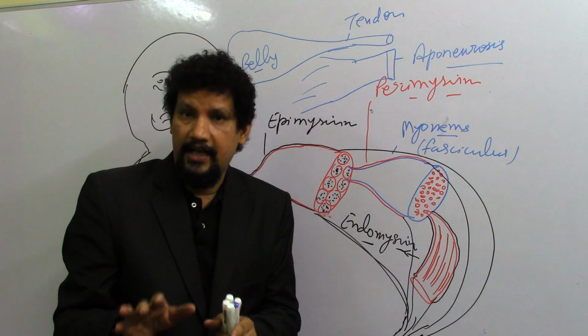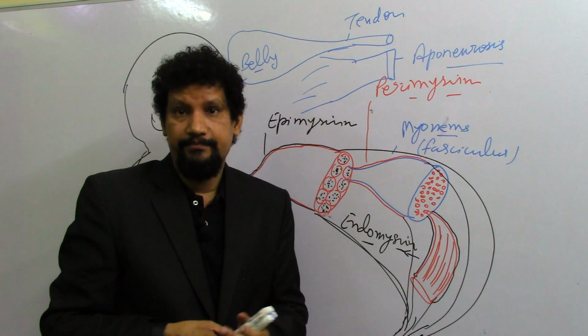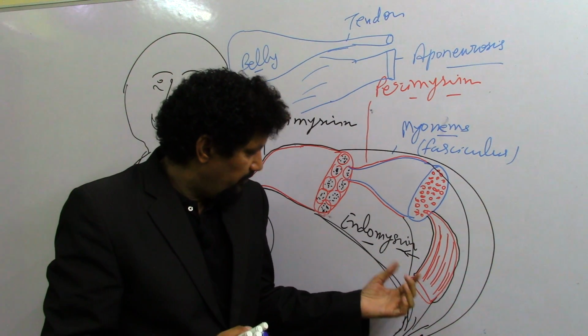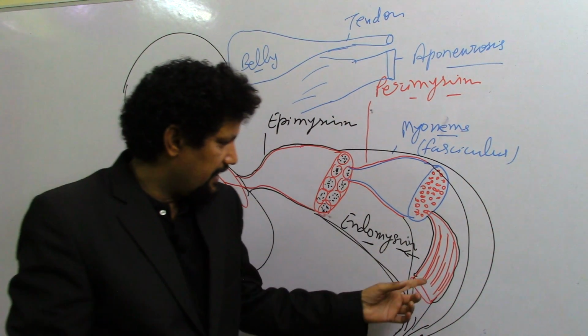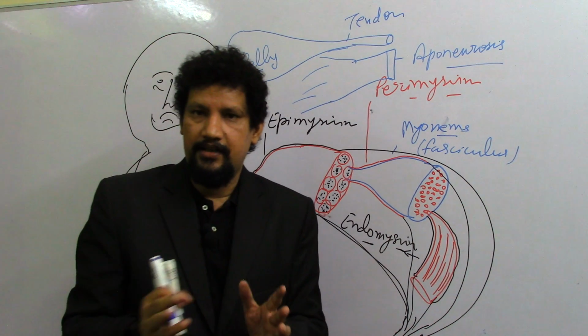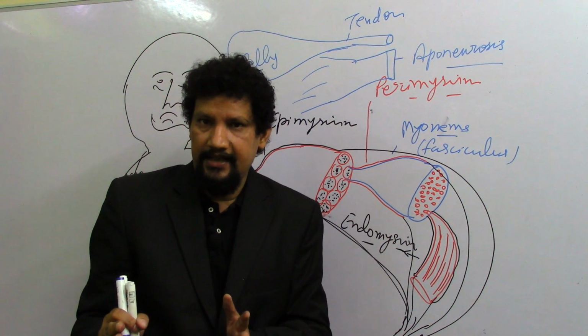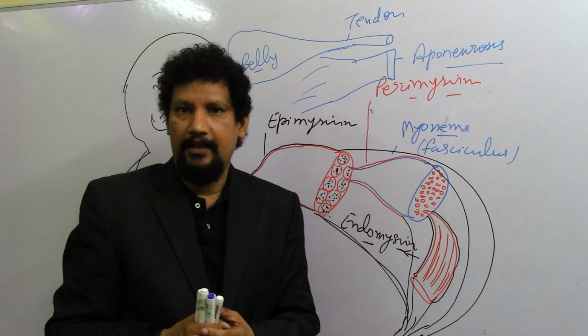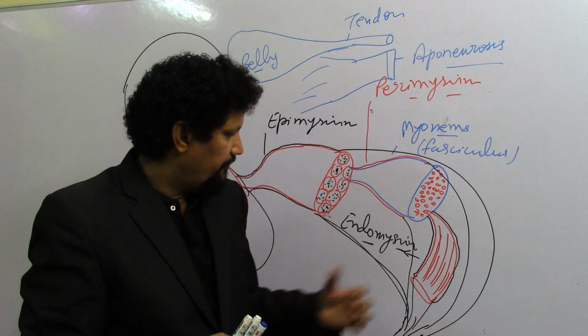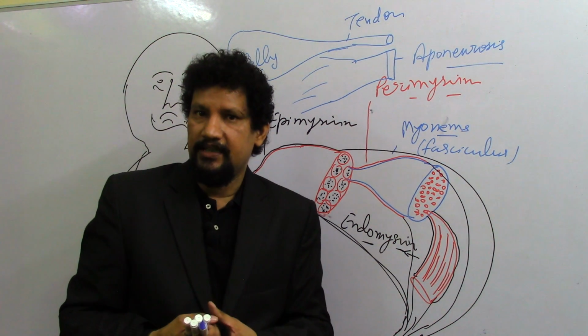These are contractile units of the muscle fiber, which are having the alternate light and dark bands, anisotropic and isotropic bands, forming the microscopic structure of the muscle.